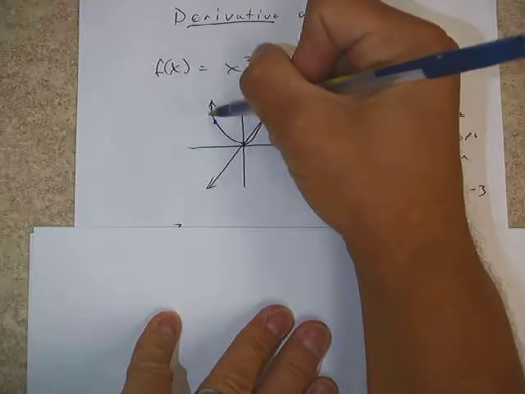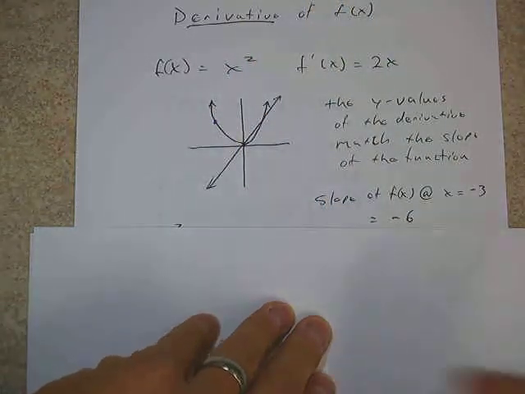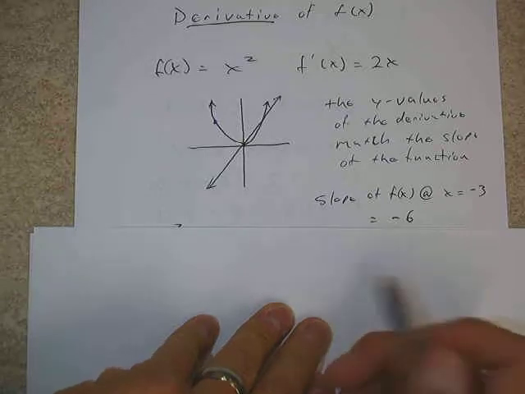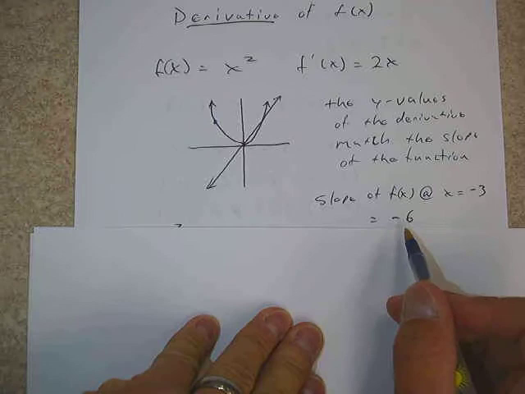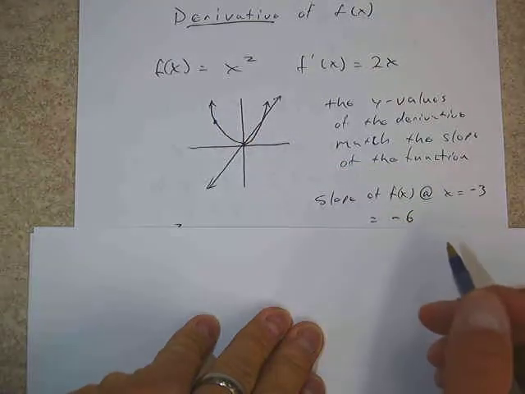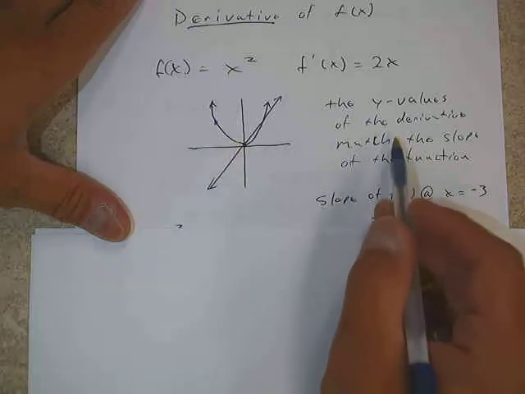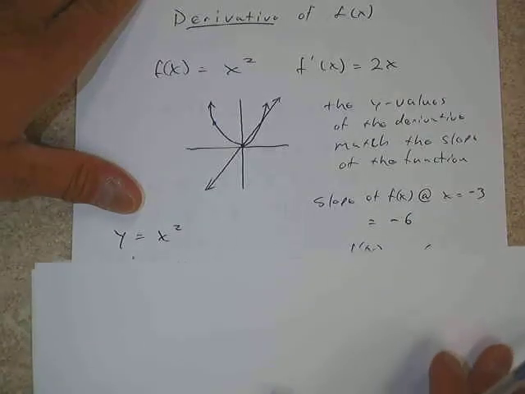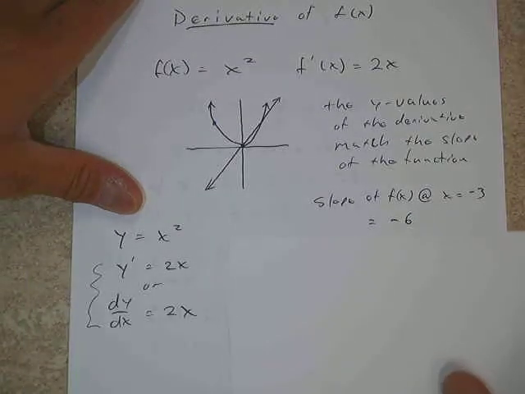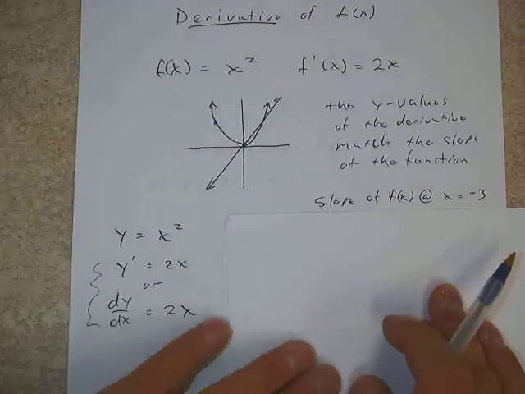So if I went over here to negative 3 and calculated that slope, either by picking 2 points that were very close to each other at that point, like I did with the calculator, we would find that the answer is going to be negative 6. We can verify that with the calculator, with our tables, etc. But bottom line is the y values of the derivative are always going to match up with the slopes of the function. All right.